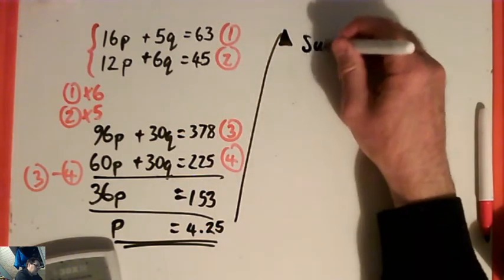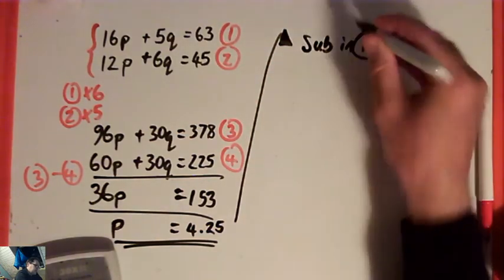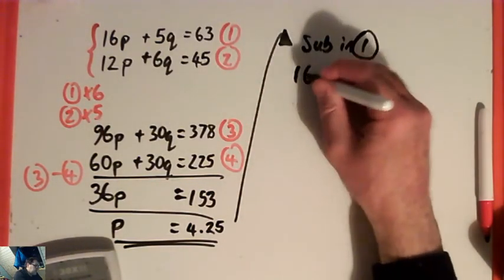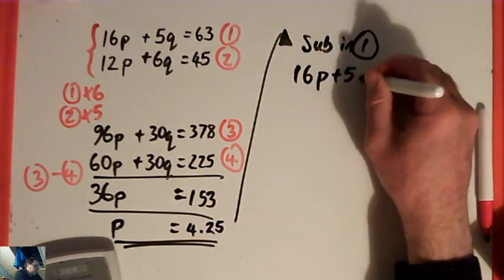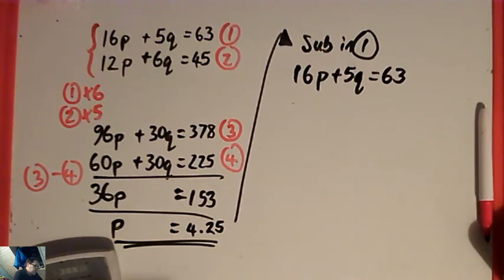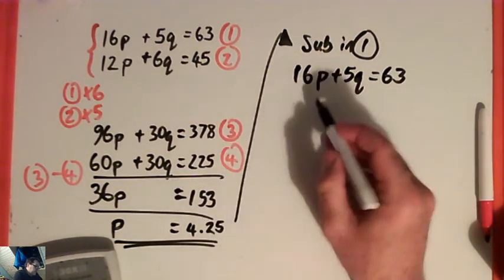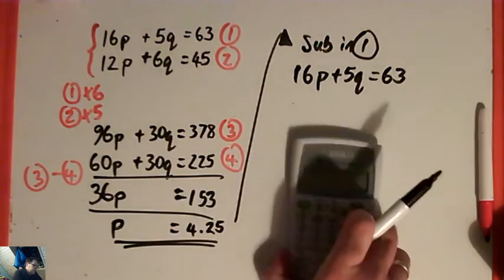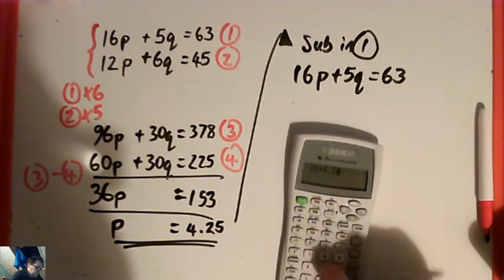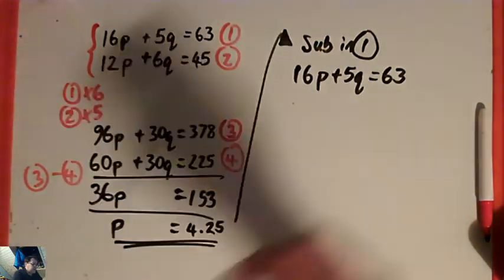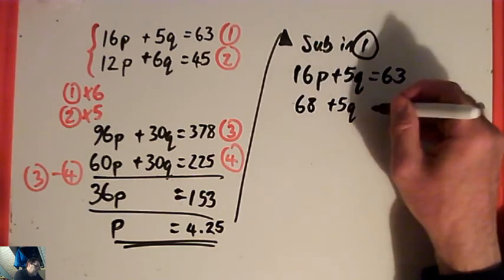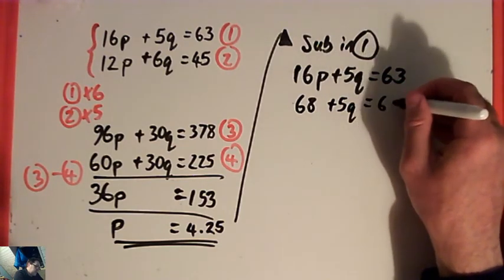I am now going to try and figure out what q is by substituting that value of p into equation 1. So equation 1 was 16p plus 5q equals 63. I now know that p is 4.25, so that becomes 16 times 4.25, 68. That becomes 68 plus 5q equals 63.